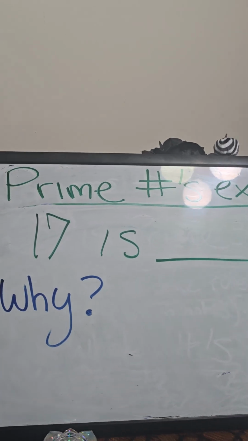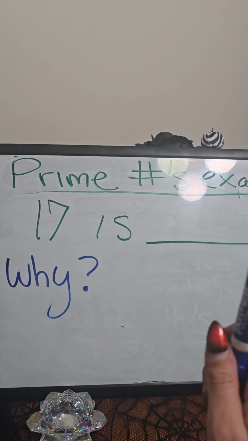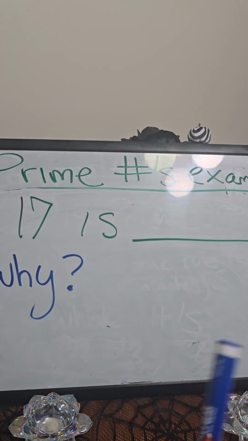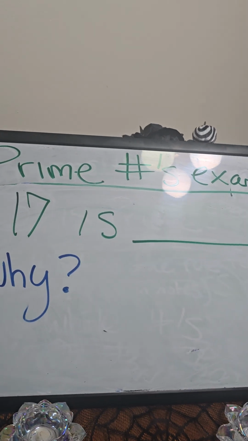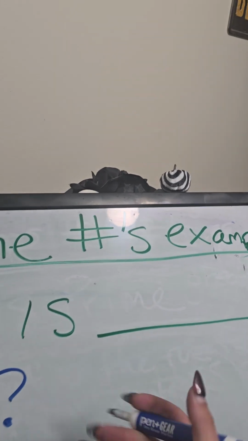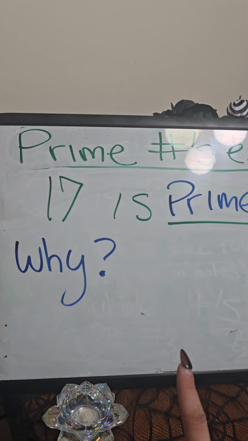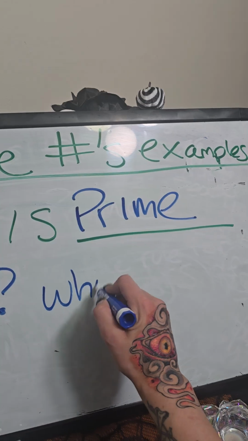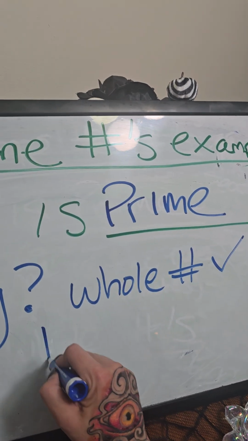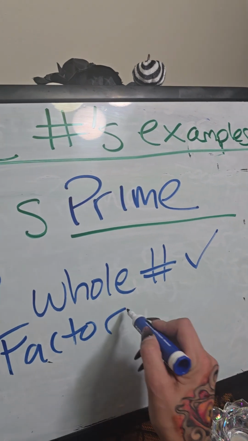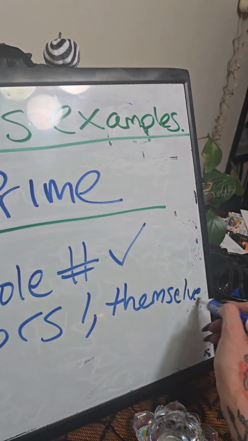So in this case, 17 is prime because 17 is a whole number that can only be multiplied or divided by 1 and itself, or 1 and 17. So 17 is prime because it's a whole number, check, and the only factors are 1 and themselves.